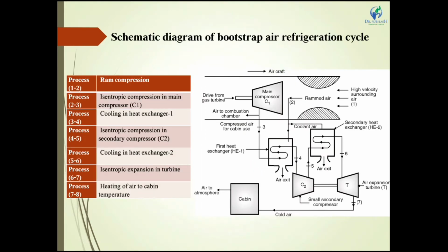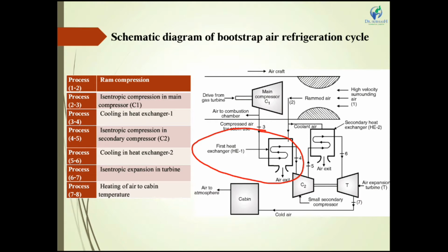Then this heated air is passed through the first heat exchanger. There is heat exchange between the compressed air and the atmospheric air. Here is an air to air cooling type heat exchanger, but there is no mixing inside the heat exchanger.